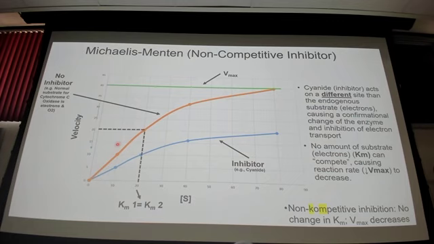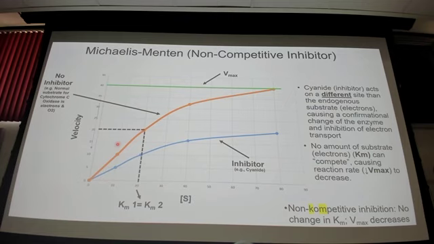You need to be able to identify the components, KM, Vmax, whether or not they're changing. Being able to identify the different graphs, you should be able to do that just visually. And you need to understand what KM means, what Vmax means.